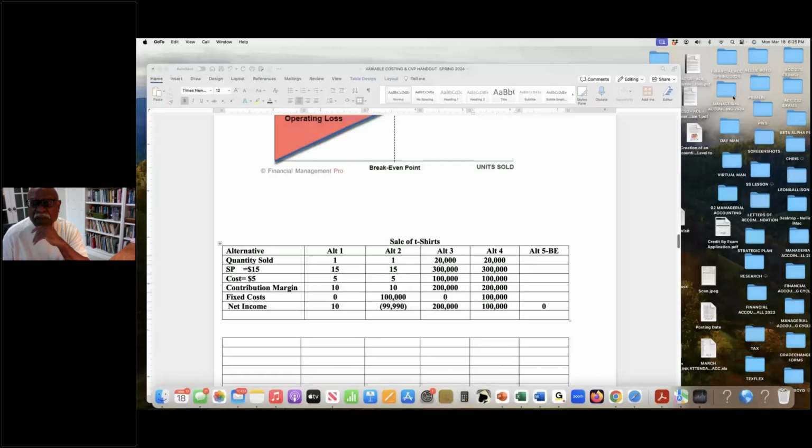A blank screen, like there's nothing except for the background. It's showing on my screen, but not on others. Okay, I'm going to stop sharing again.